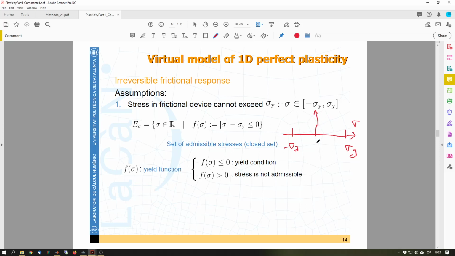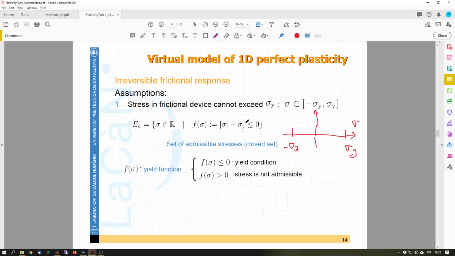In that interval, the absolute value of sigma minus sigma y must be negative.